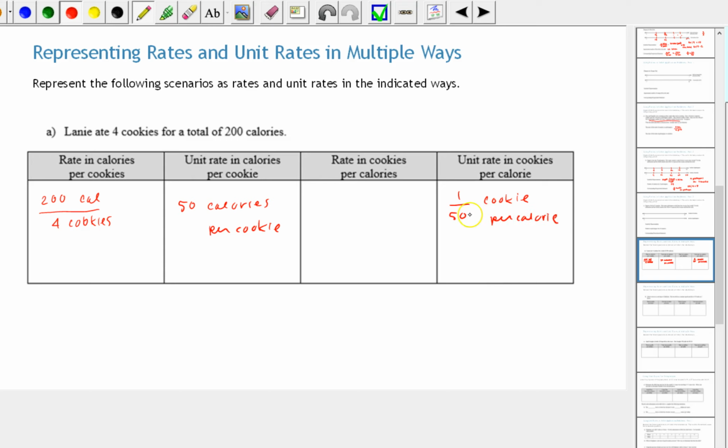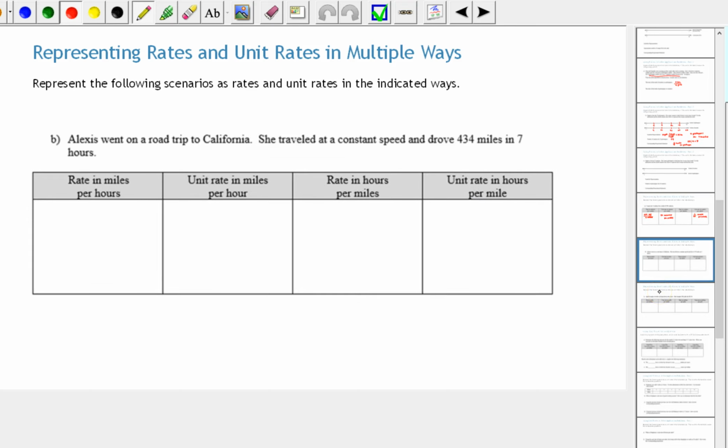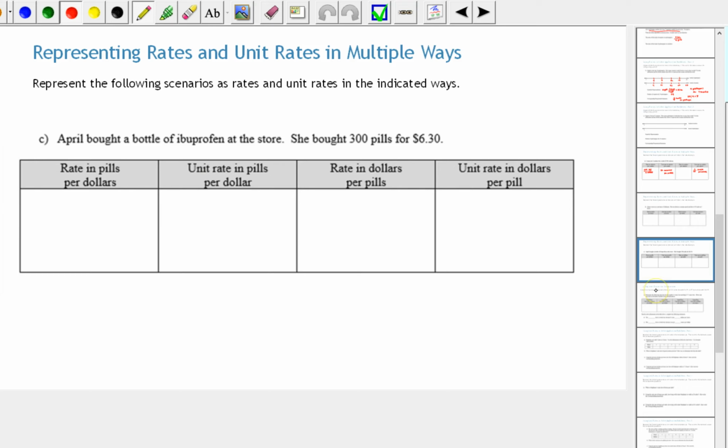So getting them to see the 50 over 1 versus the 1 over 50, they're reciprocals of each other. Same idea here, but now we're doing miles per hour. Here we have a rate in dollars per pill and pills per dollar.